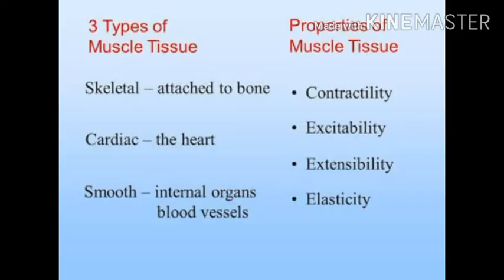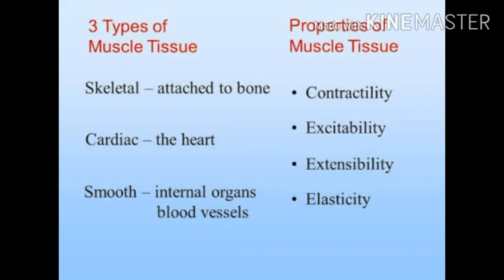The muscles have four basic properties. They have contractibility, which means they can contract. They are excitable, meaning they can receive information from outside and they get excited.